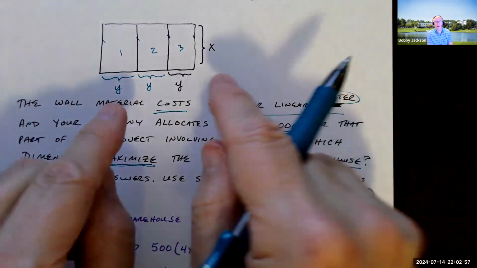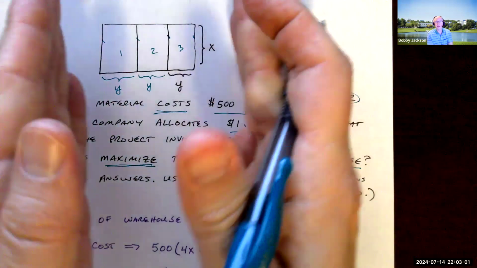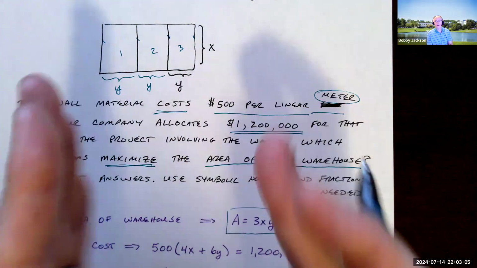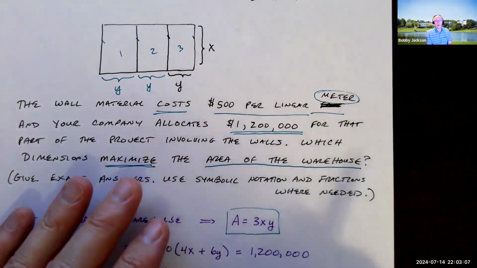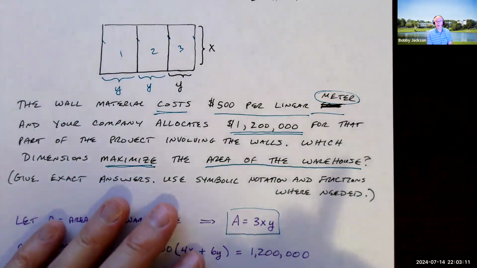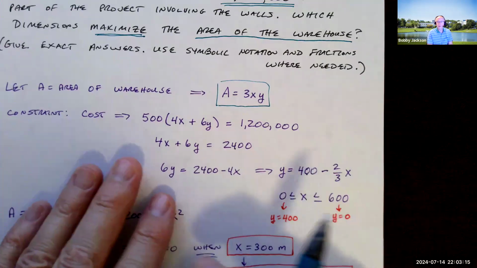The other extreme is I can let y go to 0, right? If y goes to 0, then we have 1, 2, 3, 4 x lengths, 4 walls right next to each other, right? Again, the area of the warehouse would be 0. That would not be a good design, but we could do that. We'd probably be fired, but we could do that.